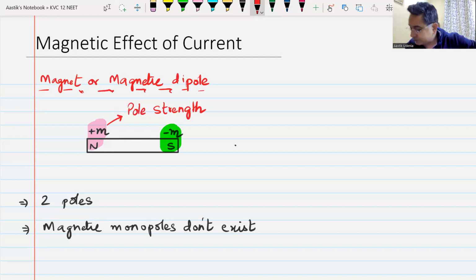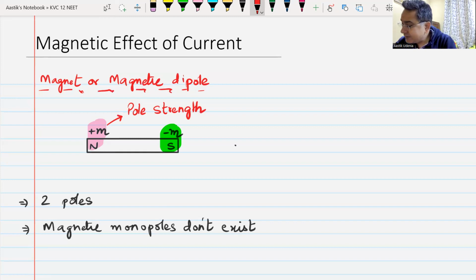You understand this? Yes or no? Then two opposite poles will attract each other, and two like poles repel and unlike poles attract. We know this.